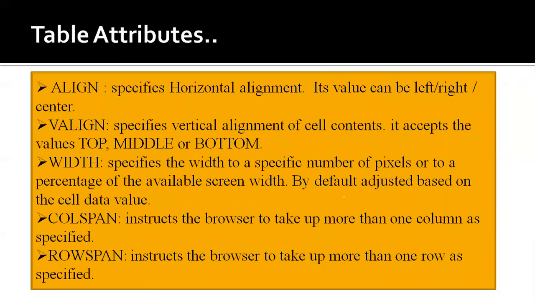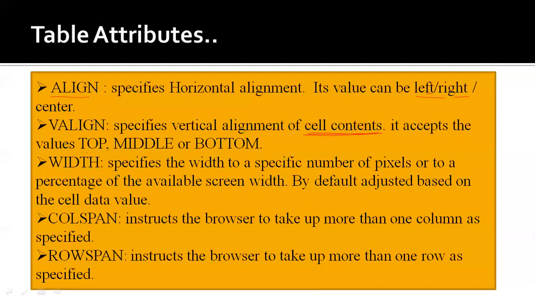The next attribute is align. If you want to display the table at the center or right or left of the web page, then you can use align attribute. Its values can be left, right, or center. V-align specifies the vertical alignment of the cell content. It accepts the values as top, middle, and bottom.